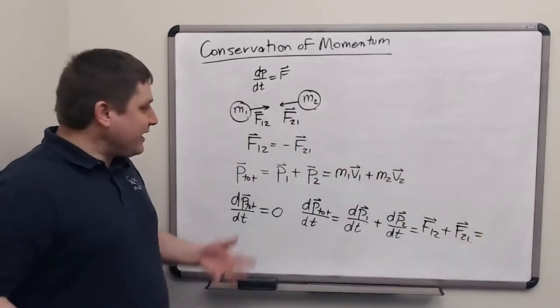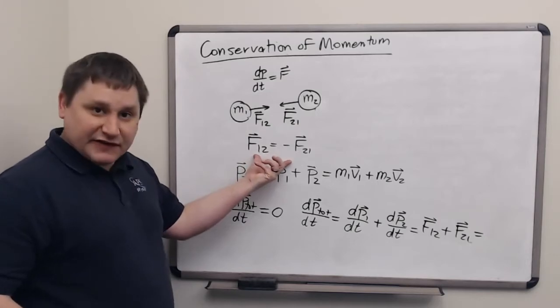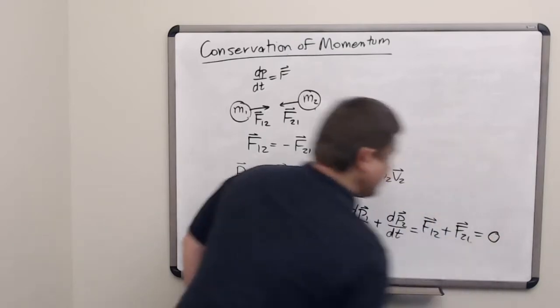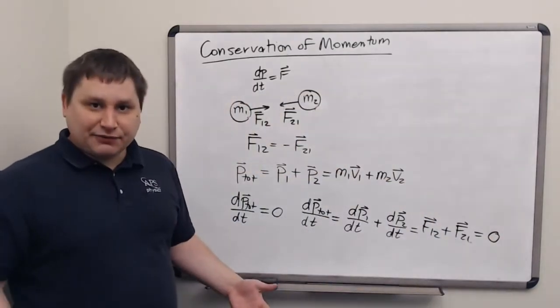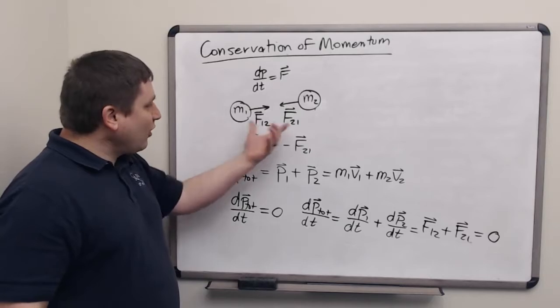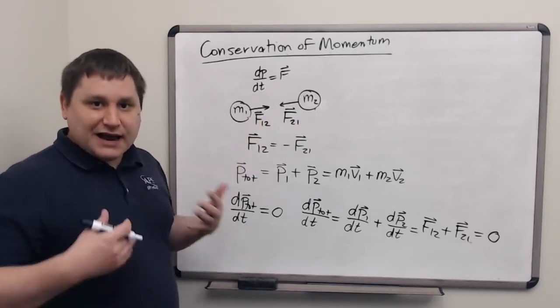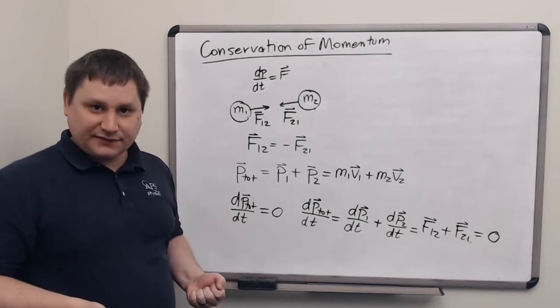But the third law guarantees that these two vectors are opposites of each other, so when we add them together here, we get 0. So that completes the proof that the total momentum of any system of two particles interacting never changes due to the internal forces.